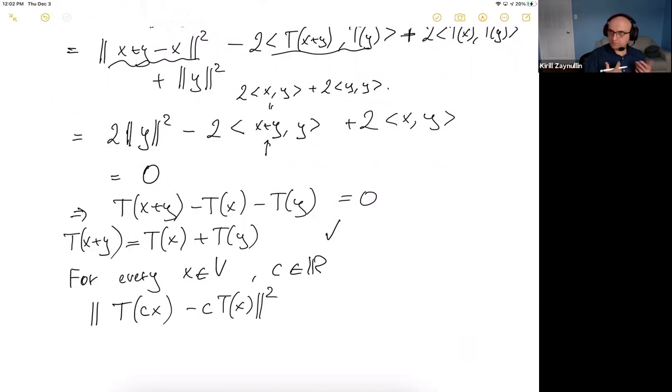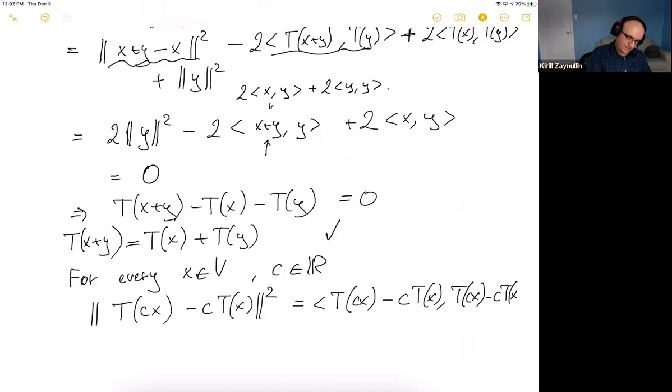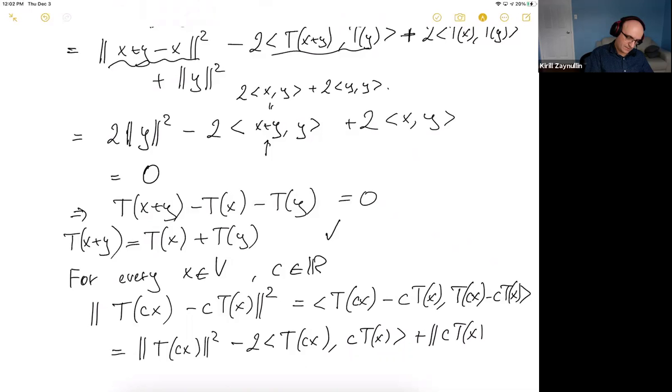And then again, by the same argument, we write it down as the inner product of T of cx minus c of Tx, comma, T of cx minus c of Tx, and expanding and collecting the respective terms, what do we get? Let me write: the square of T of cx, minus 2 of T of cx, comma, c of Tx, right? And finally, plus the square of c of Tx.